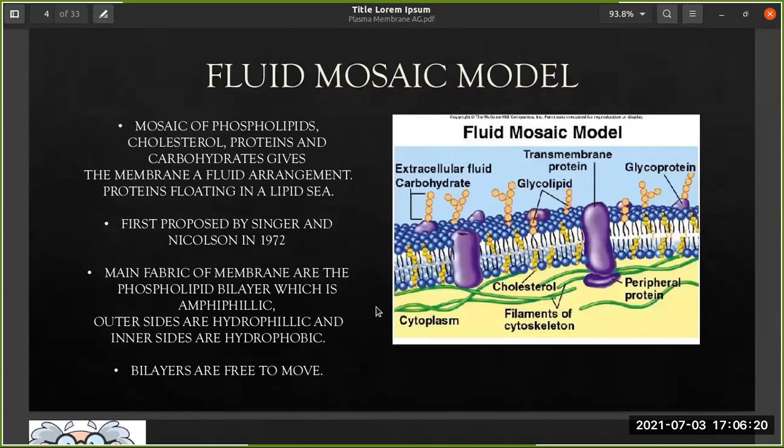If the bilayers are free to move, it's not that they are fixed in one place, they move about, so that this protein can move from here to here. These phospholipids can move from here to here. The phospholipids can move from the upper side to the lower side. So it is like a fluid, semi-solid. It is not solid or liquid. It is semi-solid.